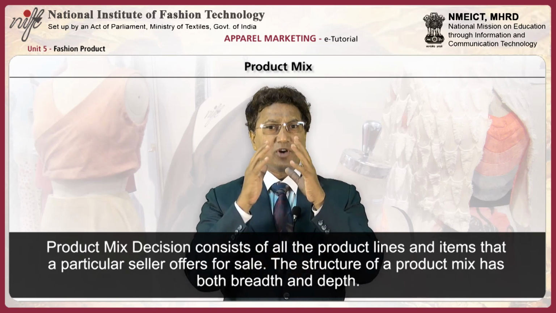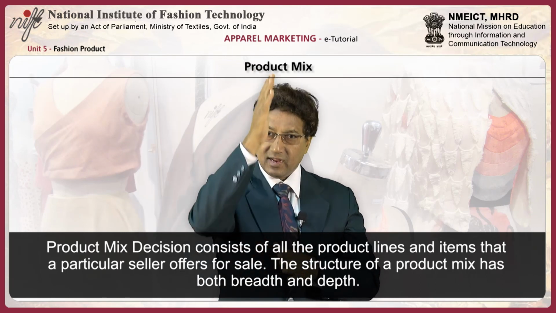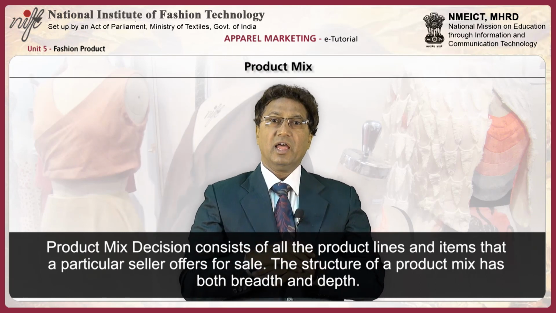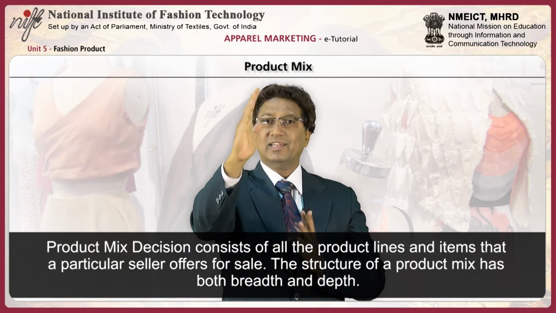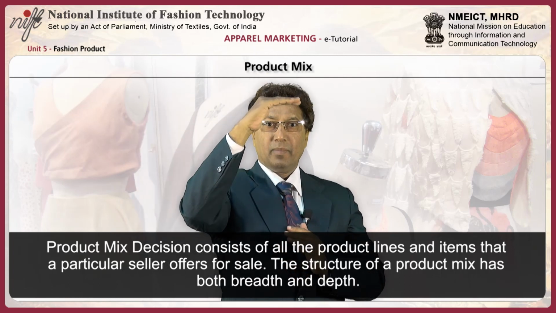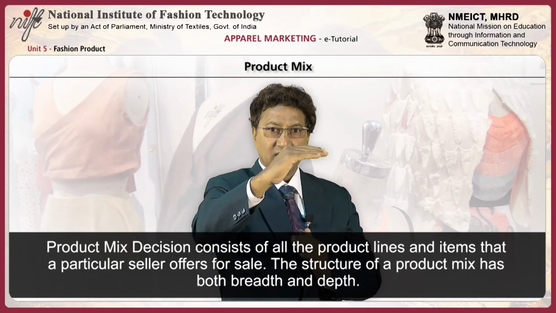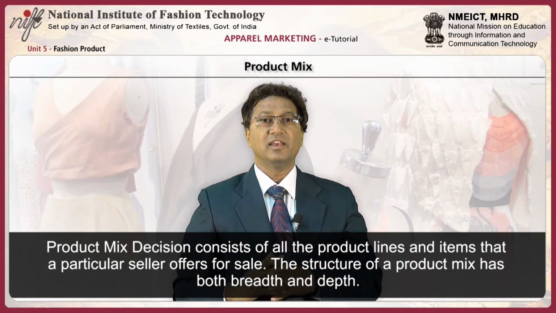The structure of product mix has both breadth and depth. Its breadth is measured by the number of product lines carried. Its depth by the variety of sizes, colors, models offered within each product line.